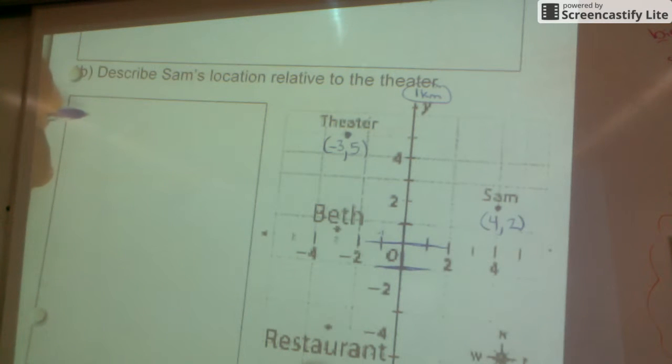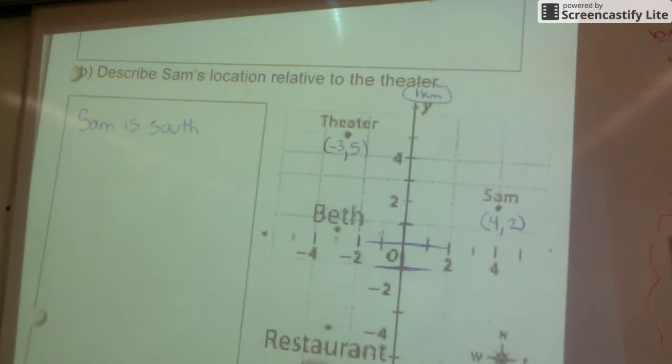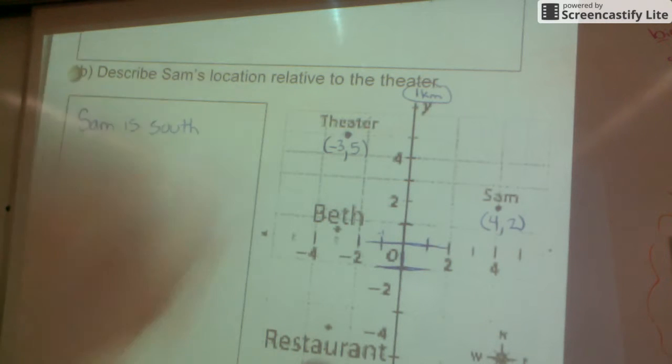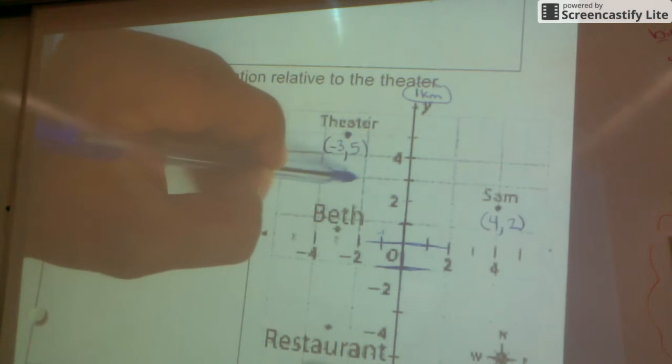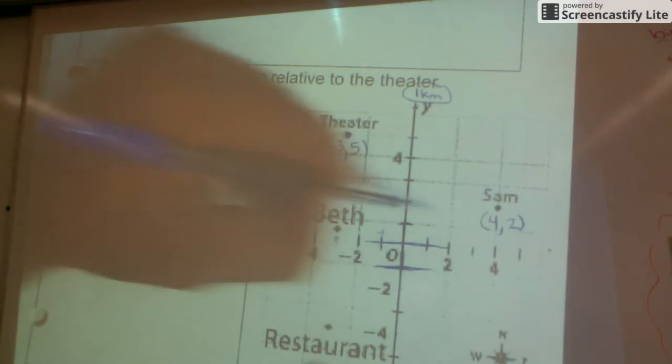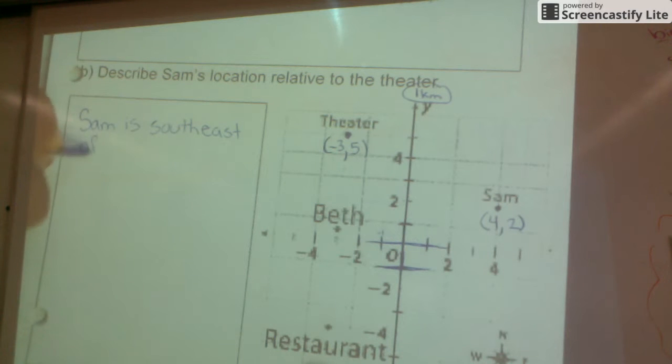So first we can write Sam is south. But remember, we don't want to just write south and then east. We can combine them together. So he's south, and then is he to the west or to the east of it? That's right. He's to the east. So he's southeast of the theater.